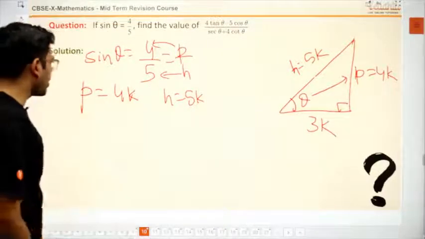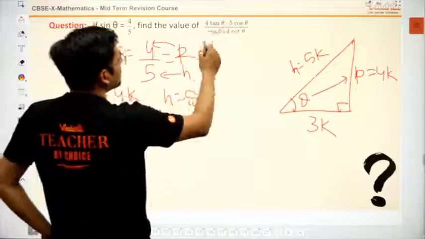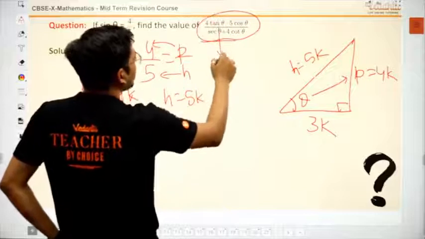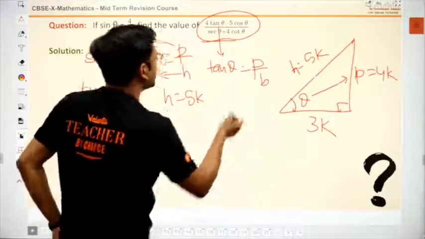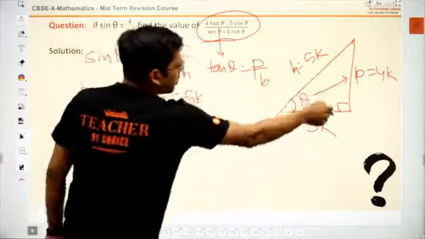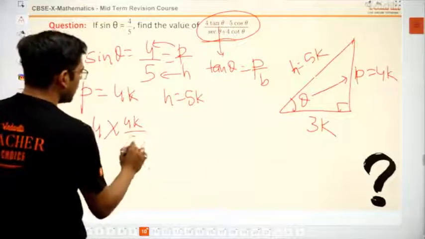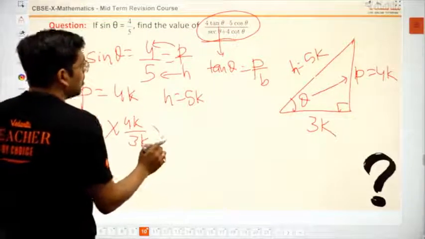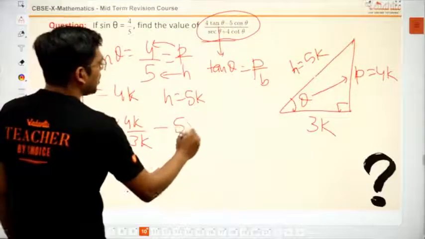You got it. Now you want the value of this whole thing. Here we have tan theta. Tan theta is perpendicular by base. So 4 into perpendicular by base, 4K by 3K, minus 5 into cos theta.